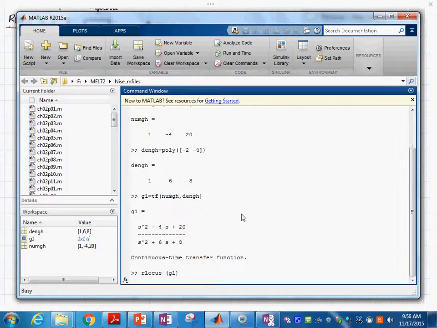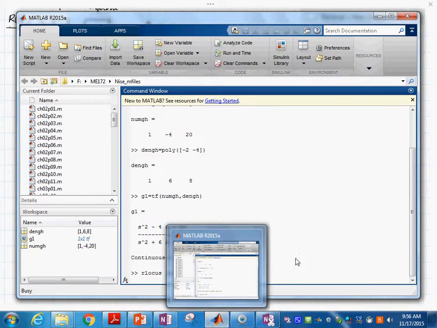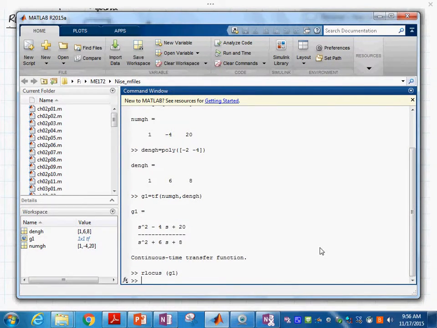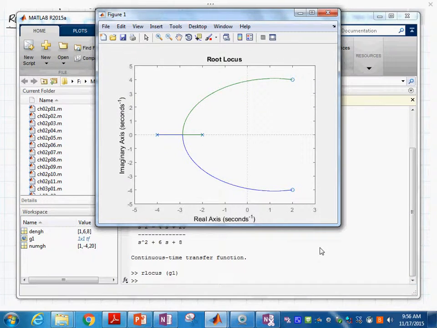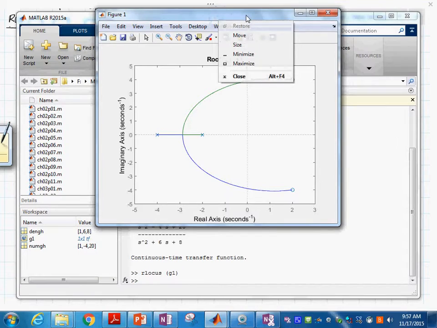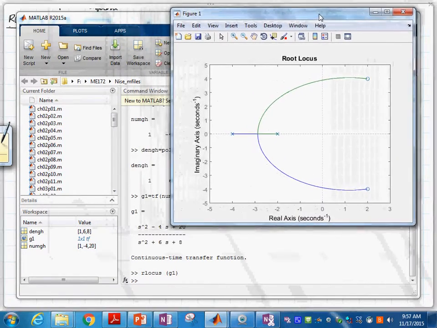So if I do this, I immediately get a figure. I'm going to get a plot in a moment of what this is. There we go. Now let's see how we're going to read this, because that is important here.